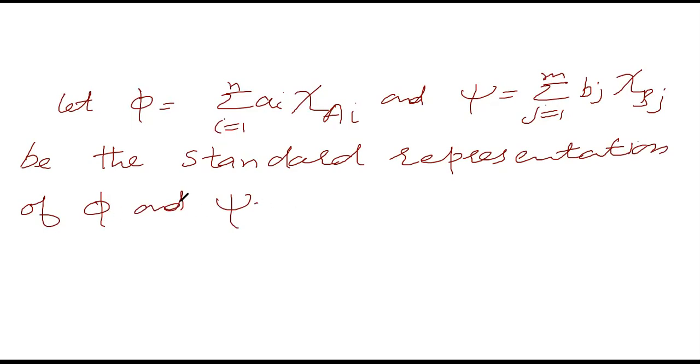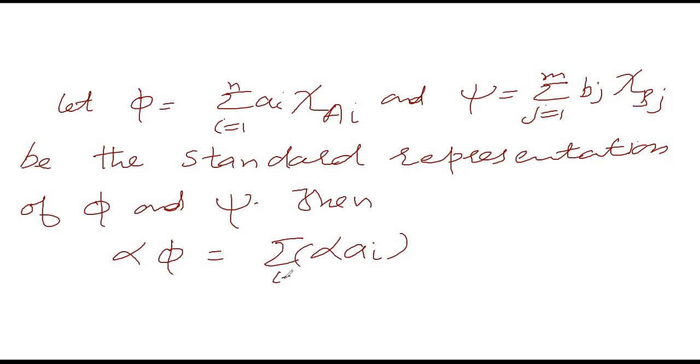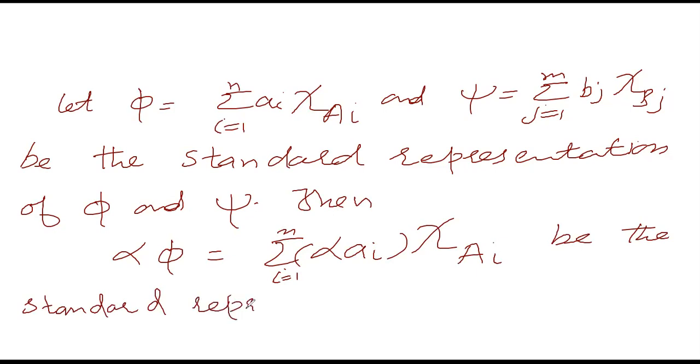Then we will find the standard representation of alpha phi. Alpha phi is equal to the summation of alpha times a_i, i runs from 1 to n, times the characteristic function of A_i, which is the standard representation of alpha phi.